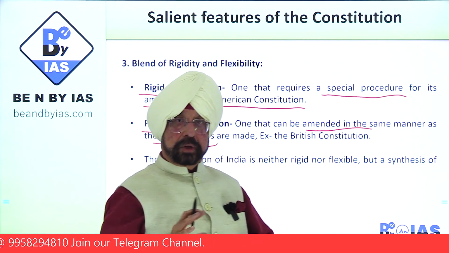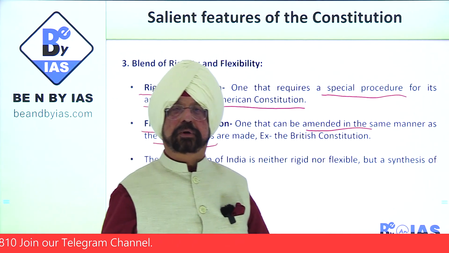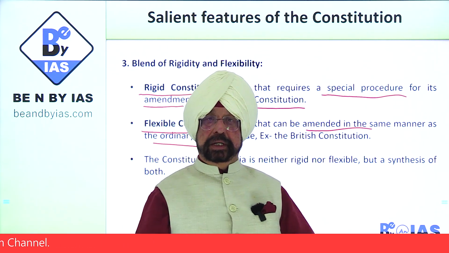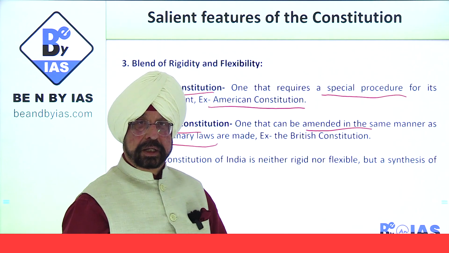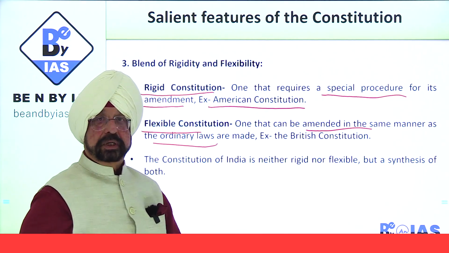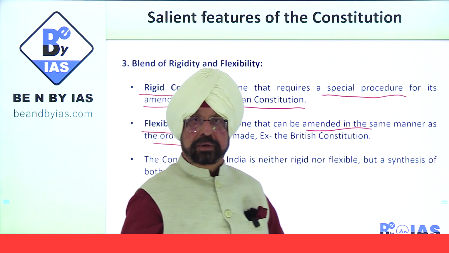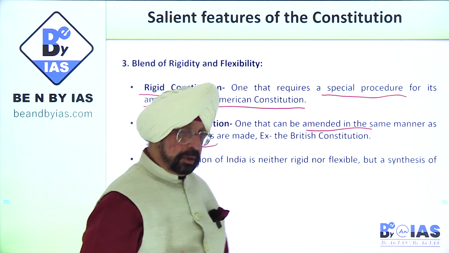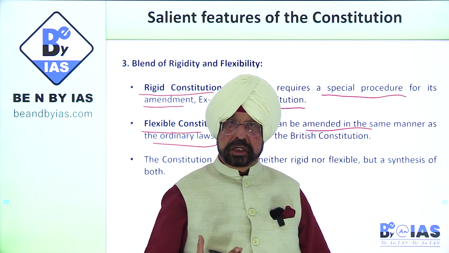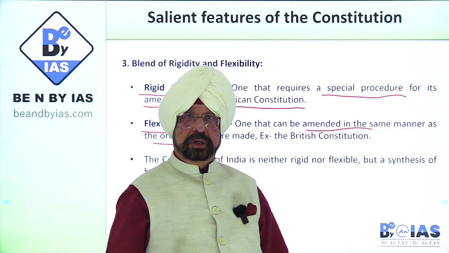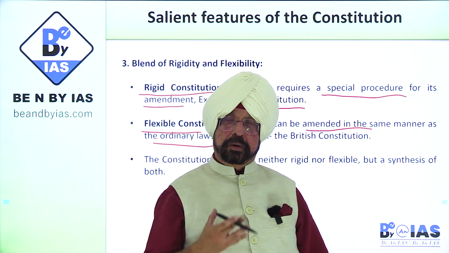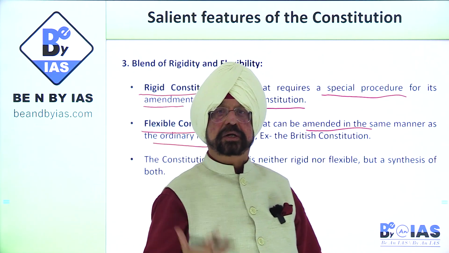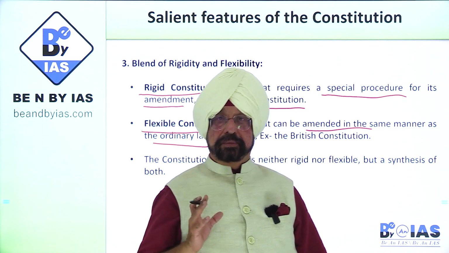But when we talk of ordinary laws, there are hundreds of ordinary laws. Hundreds are being made, repealed, and amended. New laws are coming almost every now and then. So making ordinary laws is a very easy process. But amending the constitution, particularly if it is a written constitution, is very difficult.